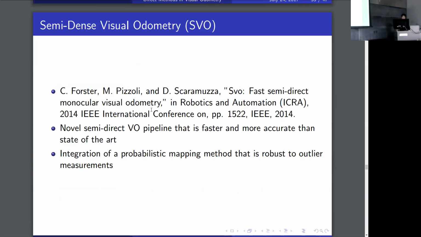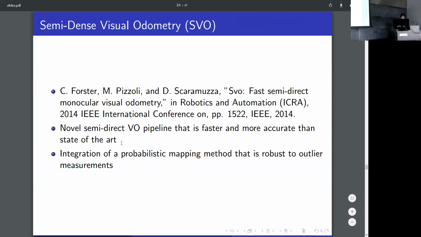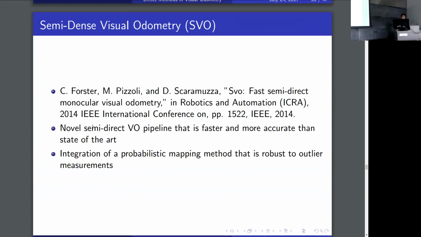So the next paper is SVO by Christian Forster from Scaramuzza's group as well. And the SVO contribution is more towards speed over the theoretical side.